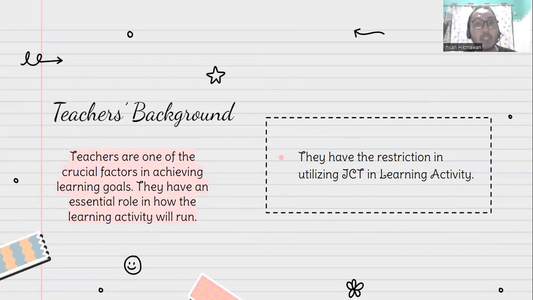If the applications need to be downloaded or installed, it's going to be difficult for the students to use. That's why it's quite difficult for teachers to decide what applications they can use in teaching and learning activities.